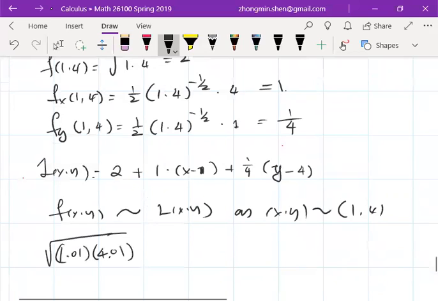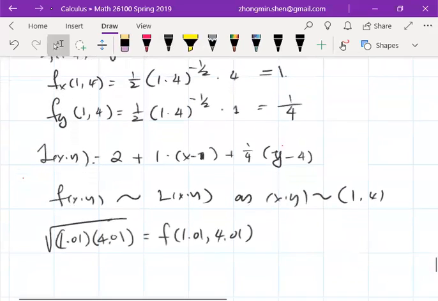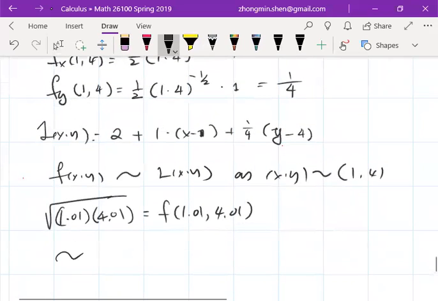Using this formula, I can estimate. So this is close to L at 1.01, 4.01, okay? And when you plug into the above formula, it's easy to compute.